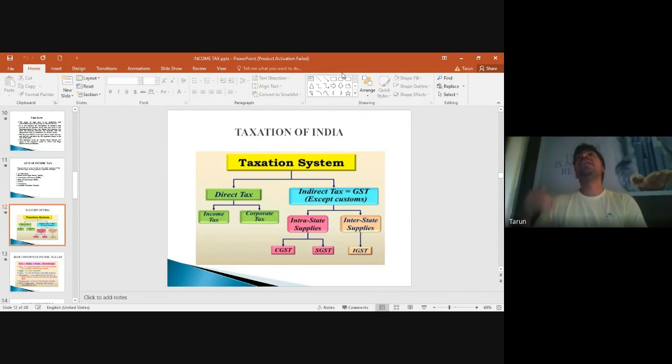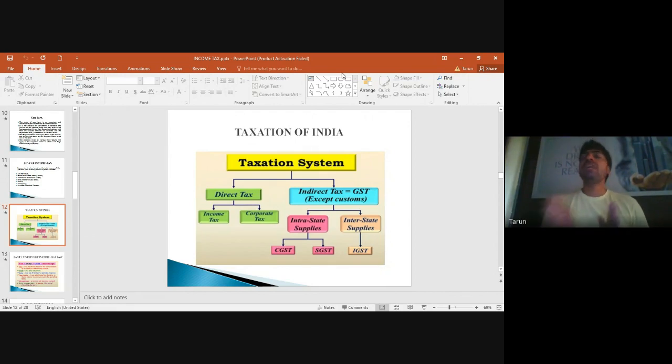That means it directly goes to the central government only, right? So if IGST is applicable, such tax will directly go to the central government, and such tax will not be distributed among the central and state.